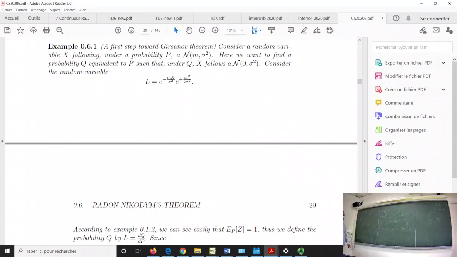If I plug inside, I obtain that the expectation under p of exponential i t plus i n over sigma square x is equal to the exponential of i m multiplied by t plus i n over sigma square, minus sigma square times t plus i m over sigma square, all over 2. I just plug inside to see what happens.